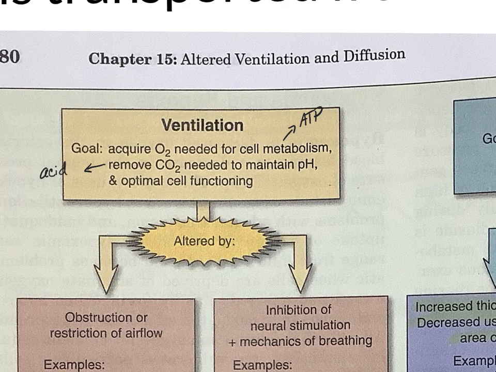So if I have too much CO2, we're going to be making an acidosis forming. And so our bodies use respiration and ventilation to help maintain pH balance and homeostasis for optimal cell functioning.